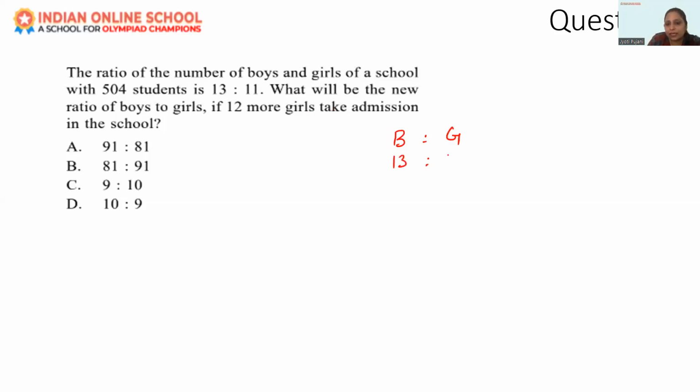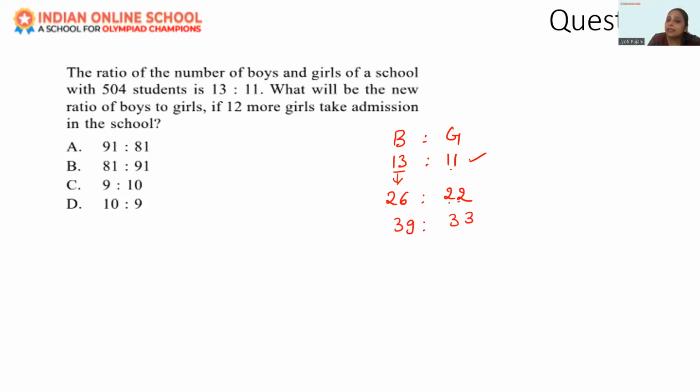What is the meaning of ratio here? Ratio means comparison. Let's suppose 13 boys are there; compared to 13 boys, 11 girls will be there. If 26 boys are there, 22 girls will be there, and if you convert into reduced form, you get 13:11. If 39 boys are there, then 33 girls will be there.